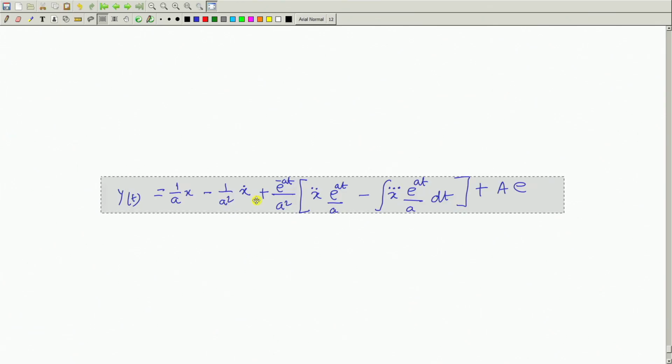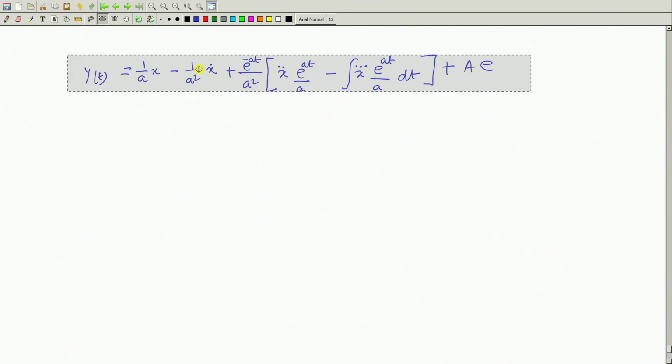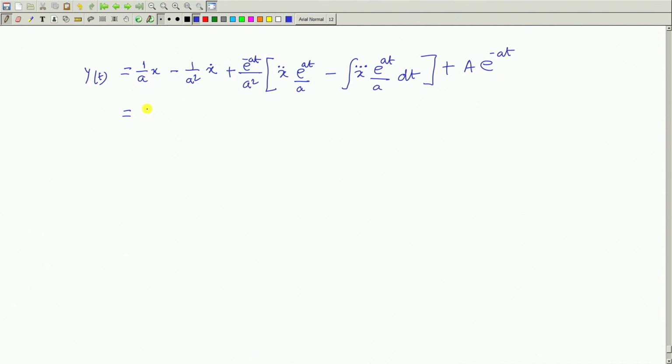Okay, so this is the equation I last got. The only thing is that I forgot to copy the minus a t, which was there; other things are correct. Now, if you expand this, it comes out to be 1 by a x minus 1 by a square into x dot.